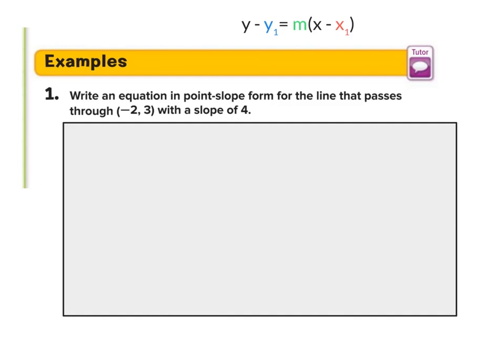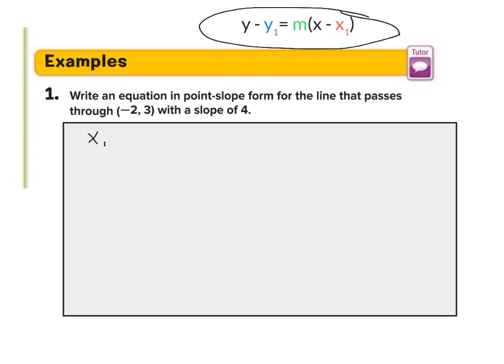So let's move on to our examples so that it makes a little bit more sense. Example 1 says, write an equation in point-slope form for the line that passes through -2, 3 with a slope of 4. So I'm going to use this format, and I'm going to identify my x1 and my y1.